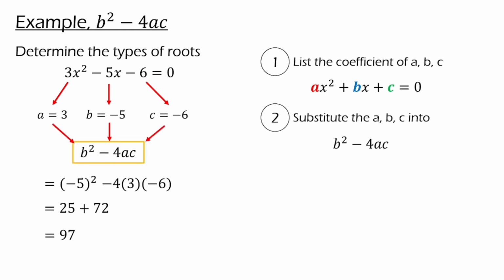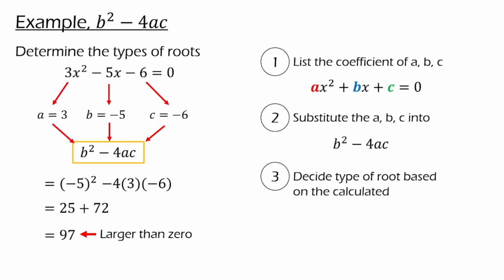Then we substitute a, b, and c into b squared minus 4ac, and you can see that it results in 97. And 97 is larger than 0. We know that when b squared minus 4ac is larger than 0, our equation will have two real roots.